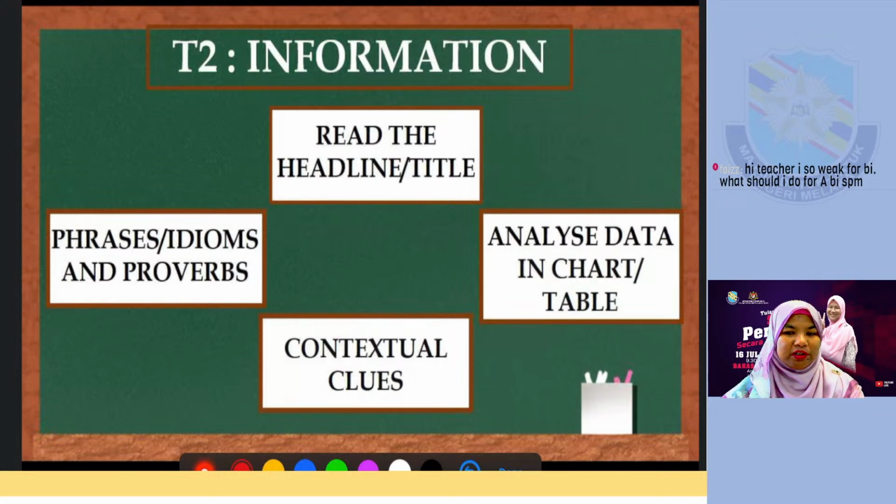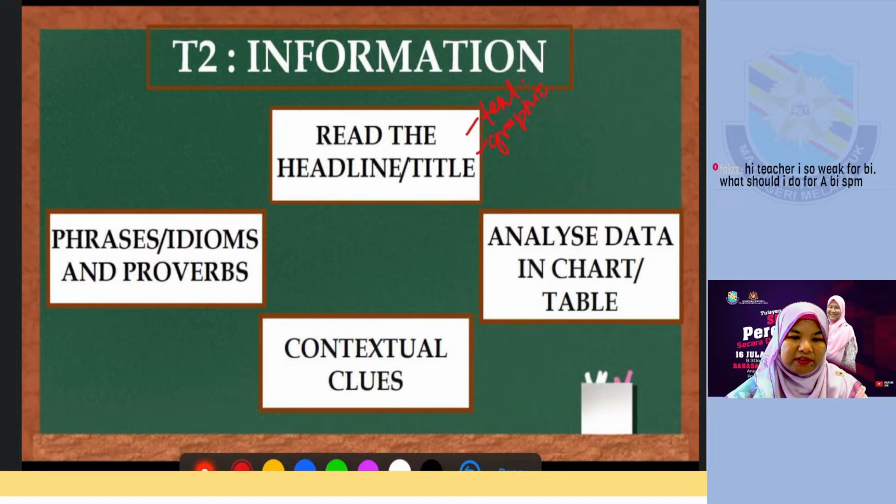Okay, proceed. Second tip for part 1, paper 1 will be information. Once you read the question in the first step, you need to locate the information. Where can you get the information from? First, you need to read the headline, the title from your stimuli, from the graphic, from the text itself. Locate and see whether there is a headline or title. Underline that.